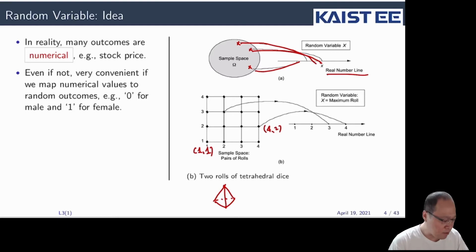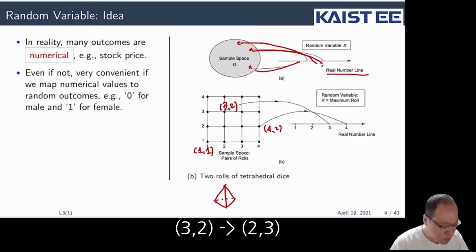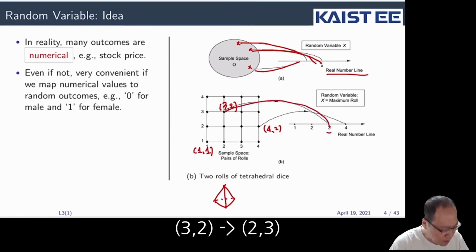If you define a random variable which is the maximum of the 2 rolls, then we can map numbers to these outcomes. For example, here in this case, 3, 2, and the maximum of 3, 2 is 3. Obviously, if you define a different random variable, we can have a different mapping between the sample space and the real numbers.